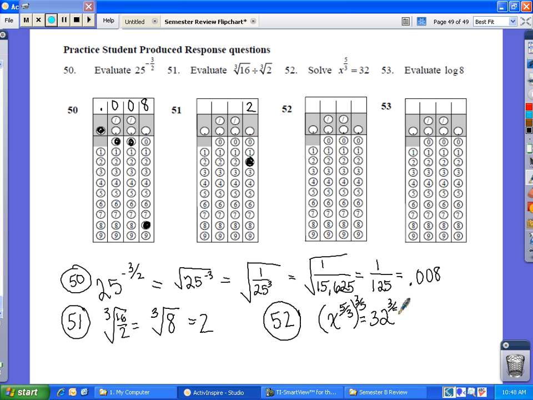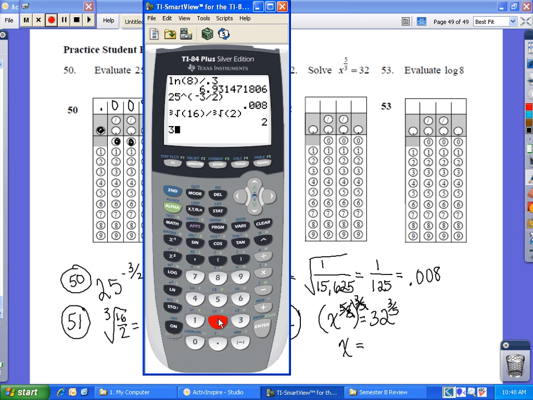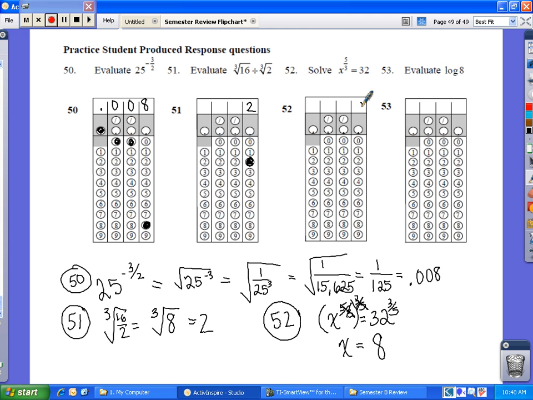So I'm going to raise this side to 3/5, which will cancel those powers and leave me with x, and then 32 to the 3/5 is actually going to be 32 cubed, and then the 5th root of that. Or you could just enter in your calculator 32 to the 3/5 power. It's going to be important to understand those relationships when you get into higher maths. So for this one, it's 8.